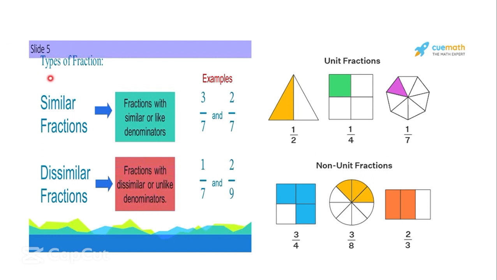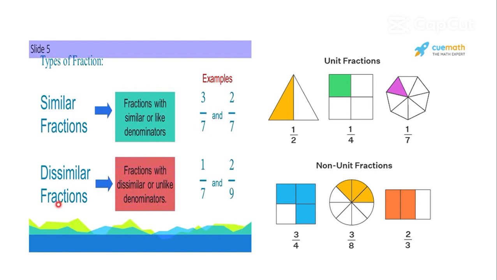Another important definition to remember is similar and dissimilar fractions. When you say similar fractions, you have the same denominators, like 3 over 7 and 2 over 7; the denominators are both 7.